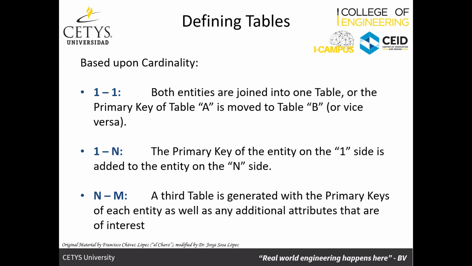If I have a one-to-n relationship, so in the one-to-one, I can add the primary keys however I want. In a one-to-n relationship, I'm going to grab the primary key of the one side and put it on the n side. I'm going to add it there. So let's remember, for example, in the Sosa Corp, there were employees and there were dependents. Remember that dependents was a weak entity. So an employee can have many dependents, but a dependent can only be associated to one employee.